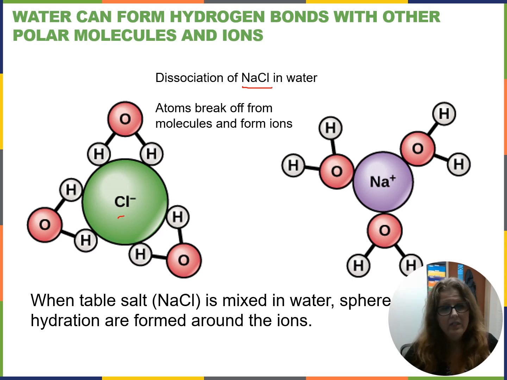So if you notice, this is negative, so the positive hydrogens are attracted to it, whereas the sodium is positive, so the negative oxygens are attracted to it. And that's how it can pull them apart, and it actually makes little rings around the ions.